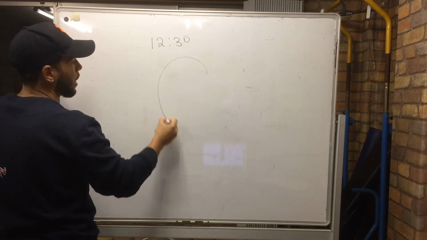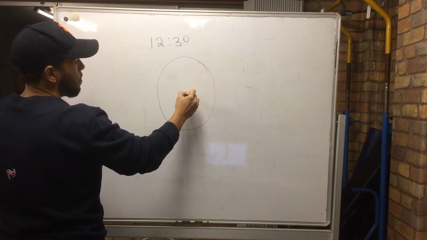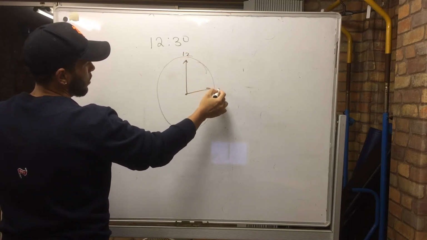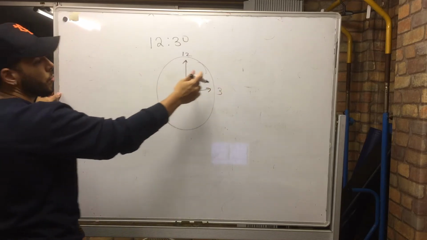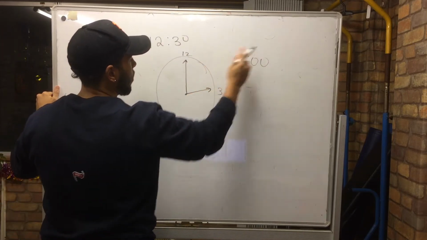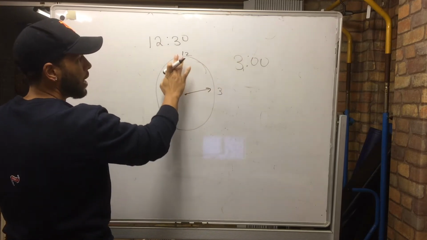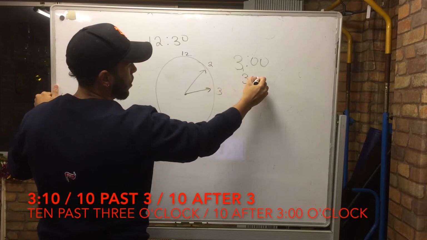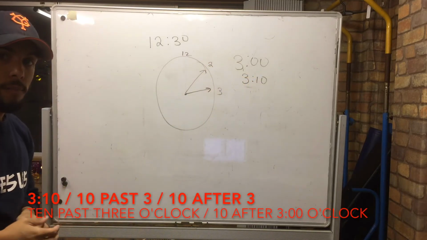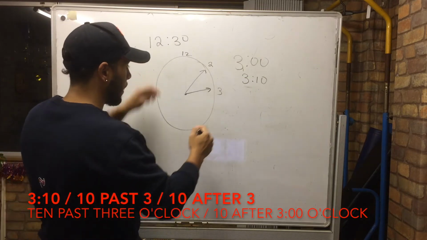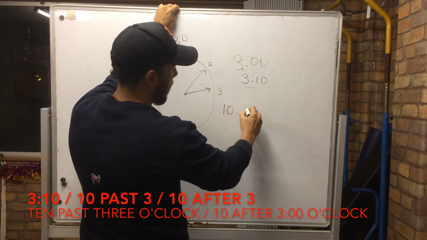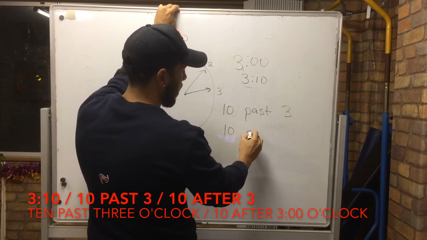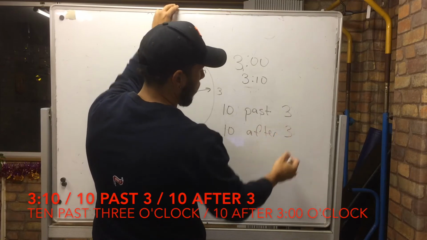So now if you have a clock and the big hand passes 12 and the little hand, let's say this is 3. This is 3 o'clock, as we say before. Now, once this big hand passes 12, and let's say it hits 2, it's 3:10, or 10 past 3, or 10 after 3.